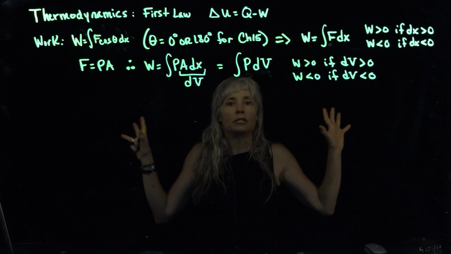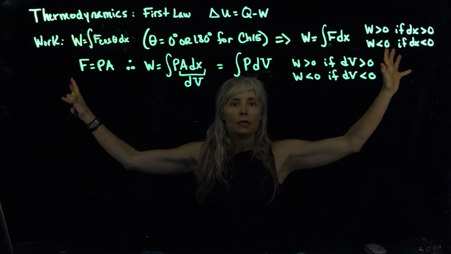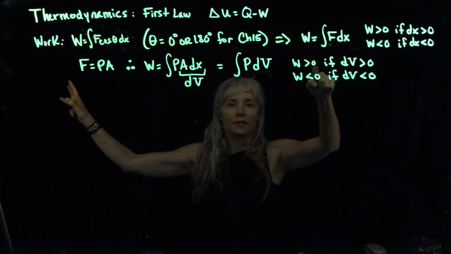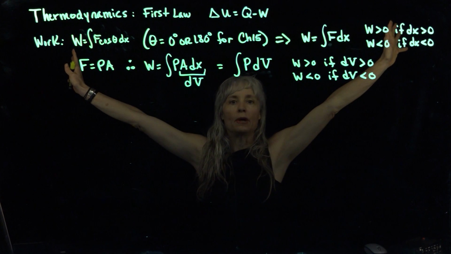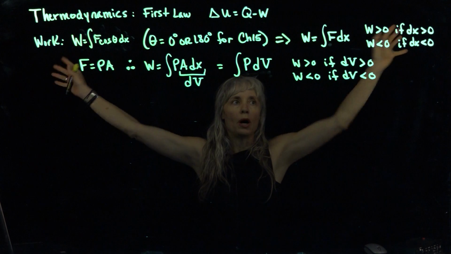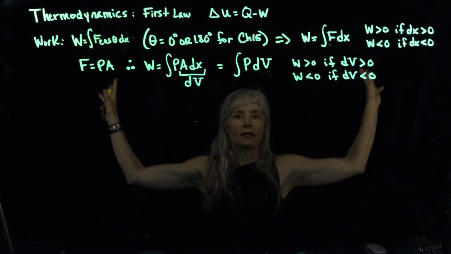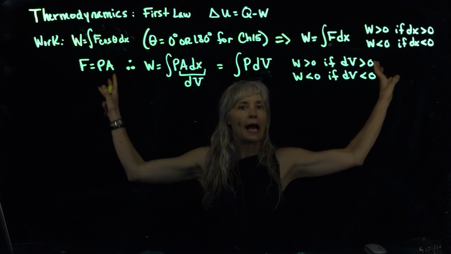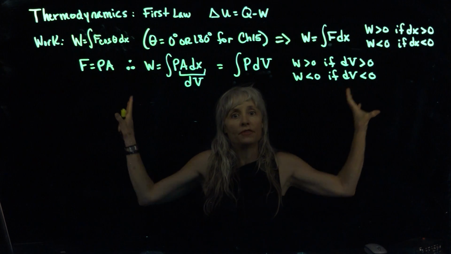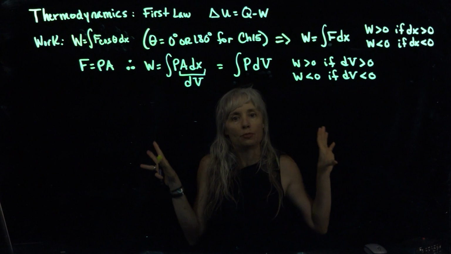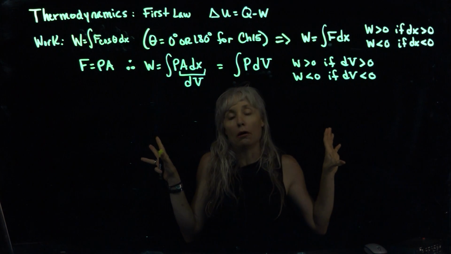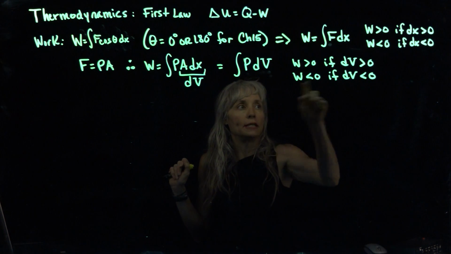So if the system is expanding, then the work done by the system is positive. The force it's exerting and the displacement are in the same direction, so the work is positive. If instead the system is collapsing, the system is still pushing outward on the boundaries, but the force being exerted by the system and the displacement are 180 degrees different, and work is negative.